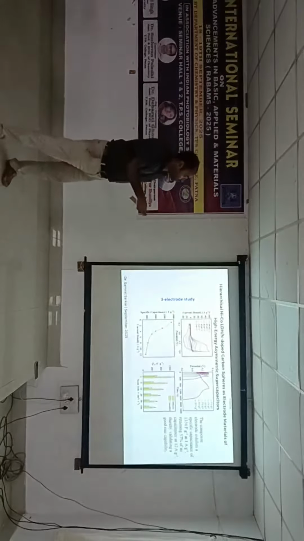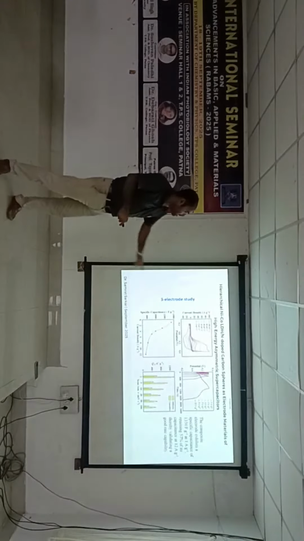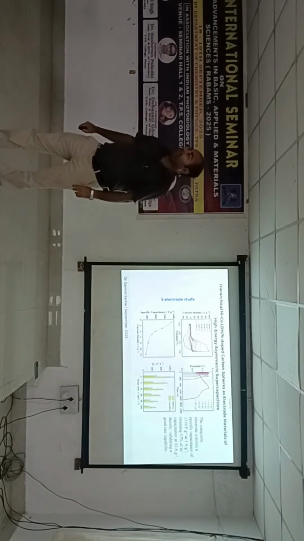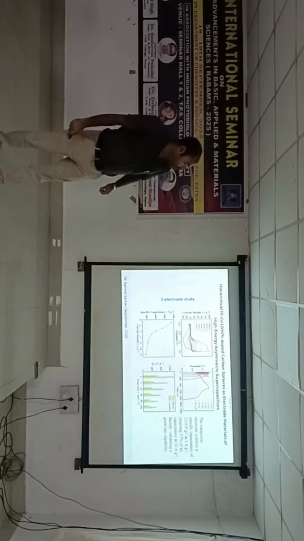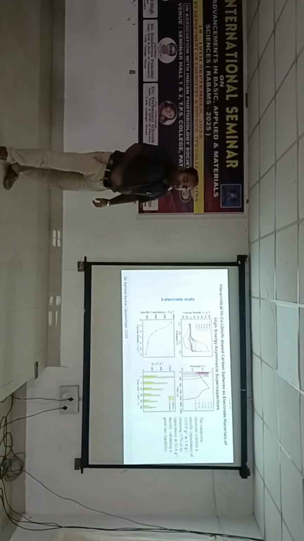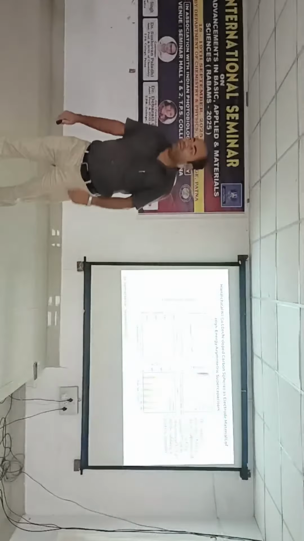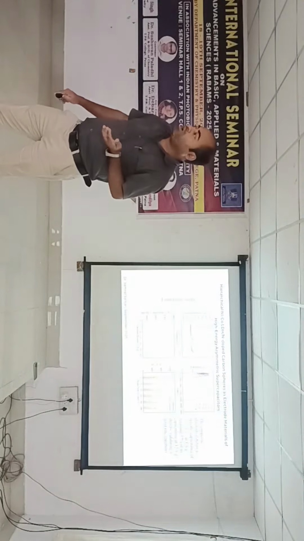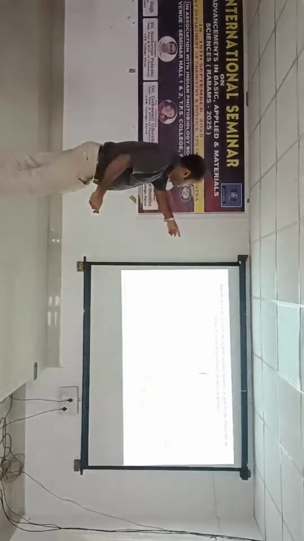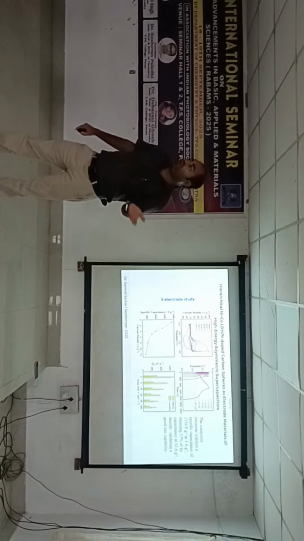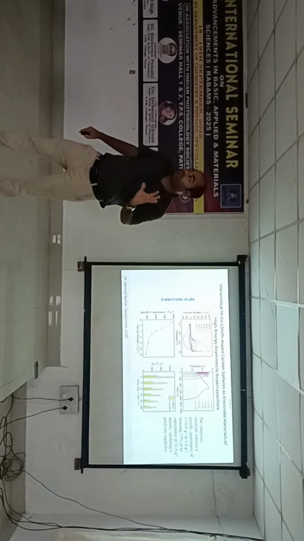So it shows a very high specific capacitance at 1 ampere per gram, and also good rate capability for this electrode material. Now, such a high specific capacitance can be attributed to the pseudocapacitive contribution of the LDH and the interfacial capacitance of the carbon sphere.